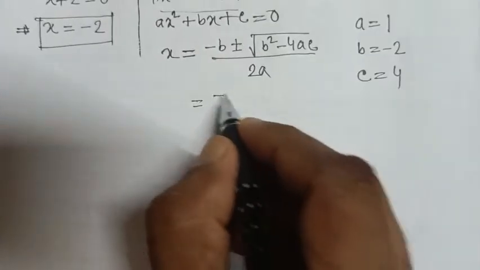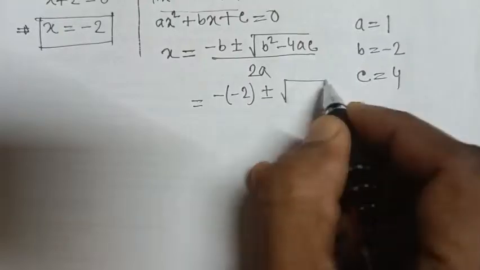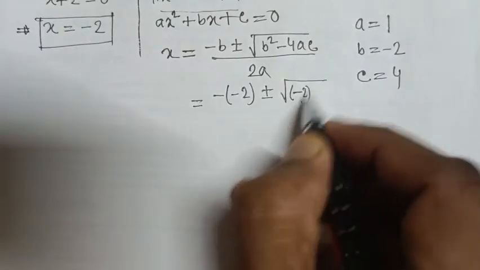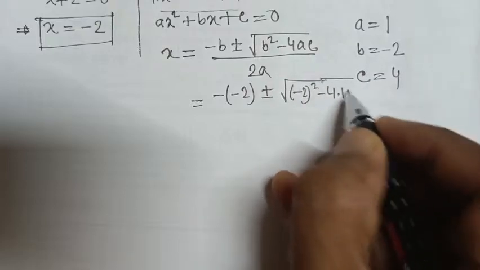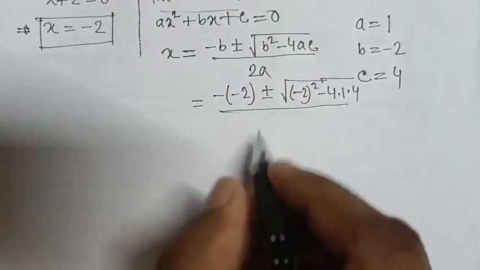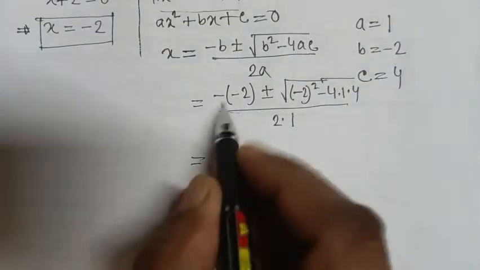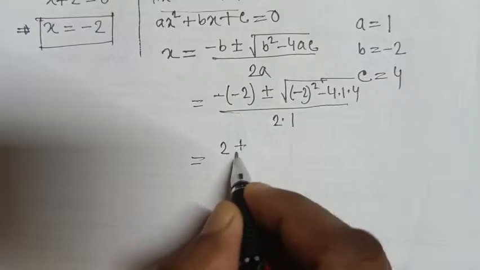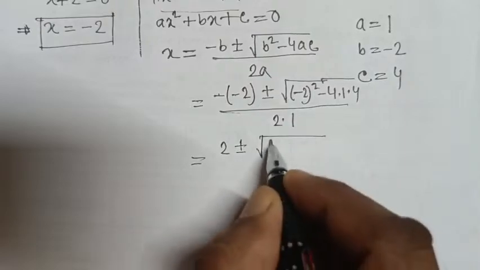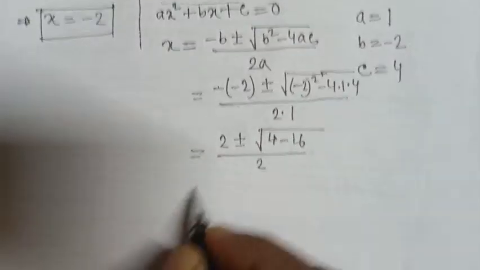Now putting the values here, we are getting minus of minus 2 plus minus root over of minus 2 square minus 4 into 1 into 4 by 2 into 1. So this minus and minus will be plus 2 plus minus root over of 4 minus 16 by 2.